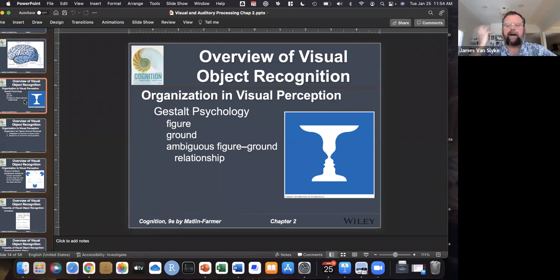Our top-down processes are imposing a certain kind of pattern recognition onto this object that allows us to identify it as either a vase or two faces. And so top-down, we probably go back and forth between seeing the vase and seeing the faces. The top-down processes are what allow us to have two different kinds of organizational perceptions of this particular object.